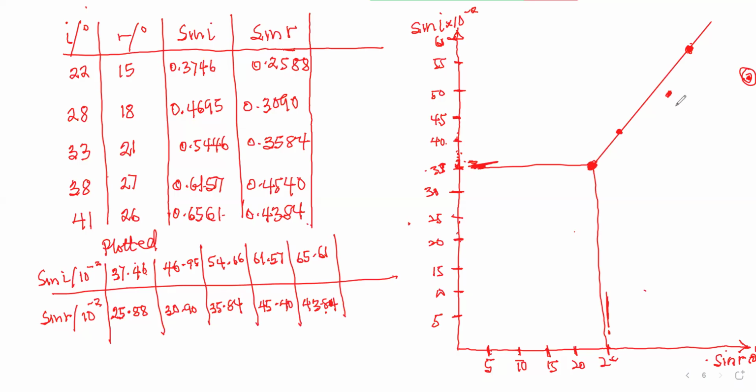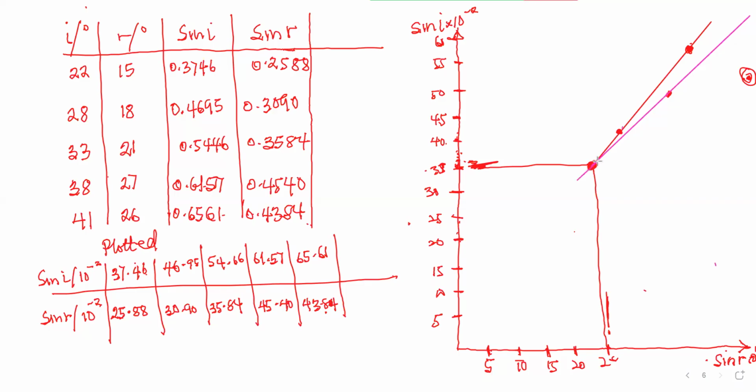So this is a wrong line of best fit. The correct way to choose the line of best fit must be this. Knowing that the points must be distributed around the line, I can pick this, so that at least I have one here, and these two are distributed around this.